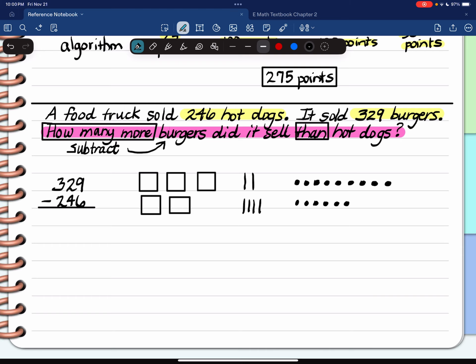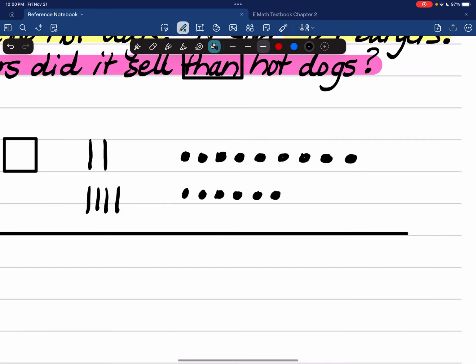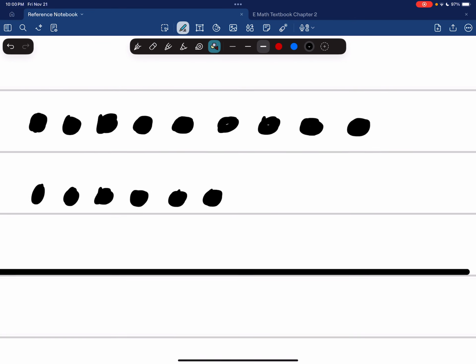So all I've done is sketch the model. And then I'm going to make a line because this is where my subtraction begins to occur. And I'm going to always start here. So let's cancel out what we can.